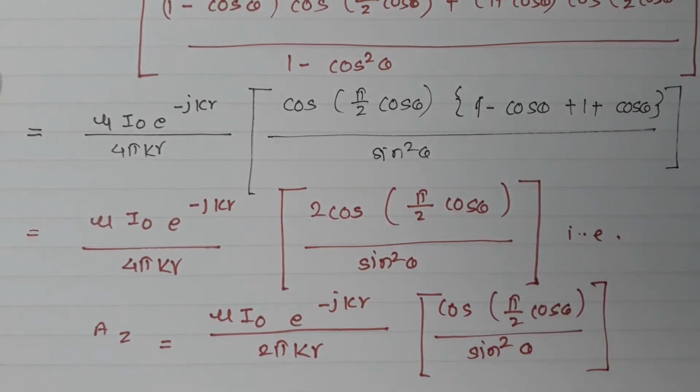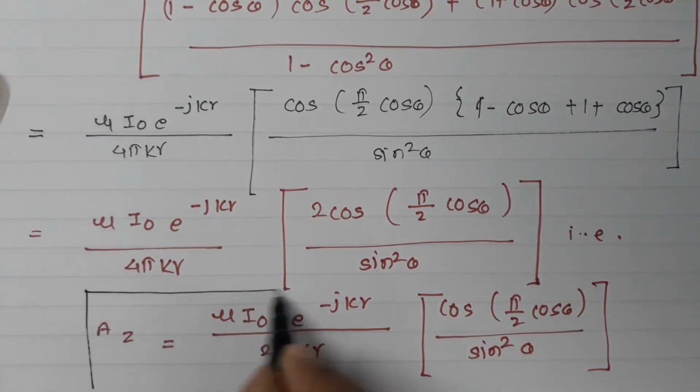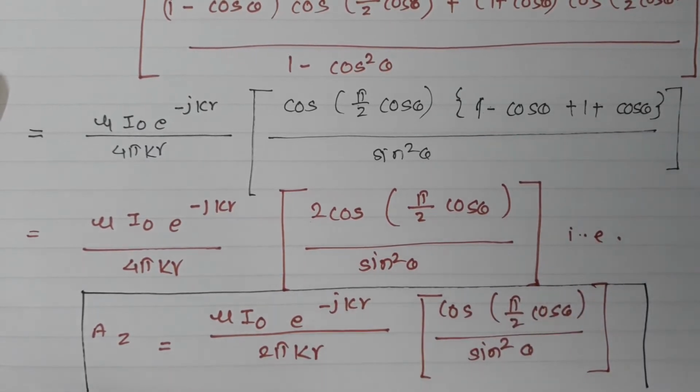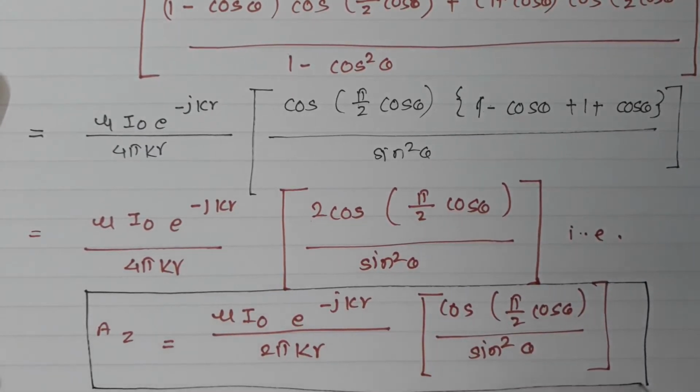This is the equation for Az, which is the required magnetic potential. So here we have found the magnetic potential for the half wave dipole.